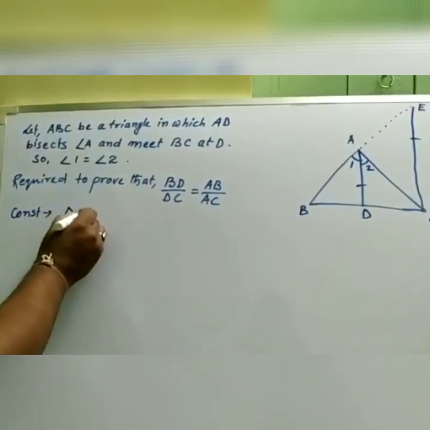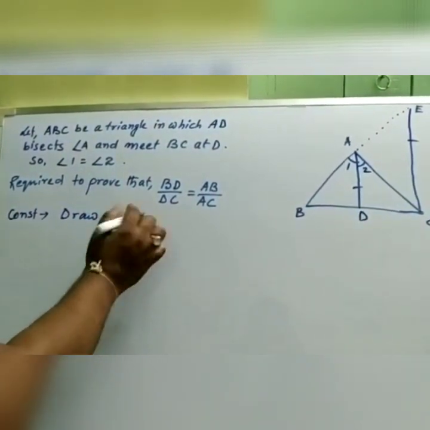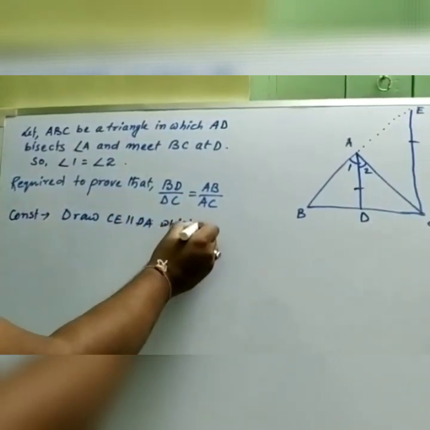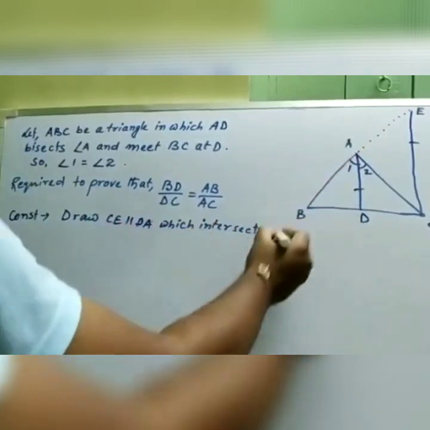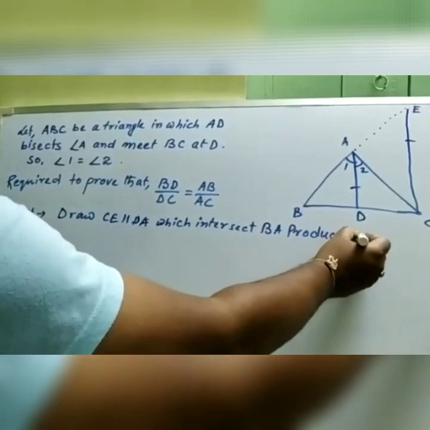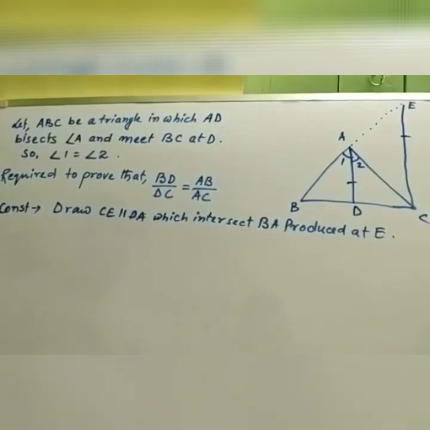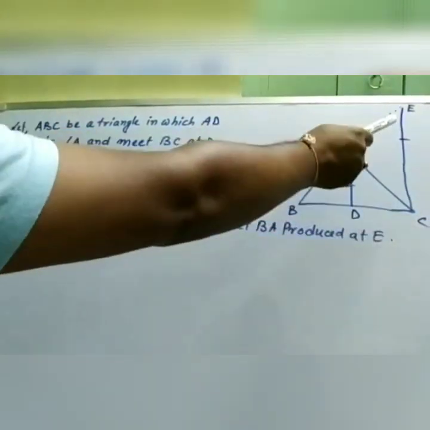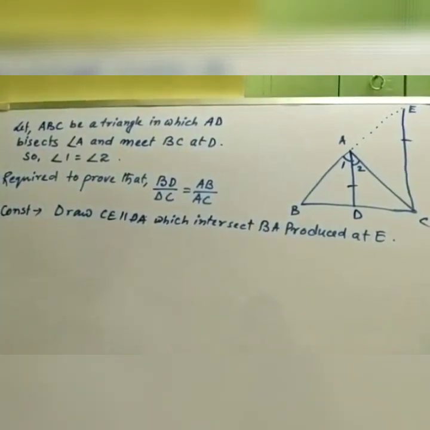Draw CE parallel to DA, which intersects BA produced at E. Okay, so we have drawn the side CE parallel to DA, and that CE intersects BA produced at E. So that's the construction we have got.